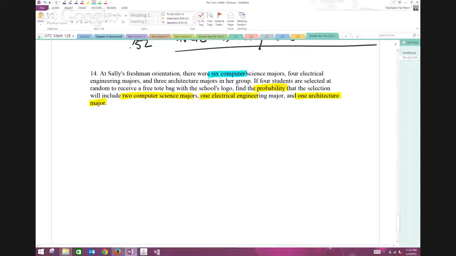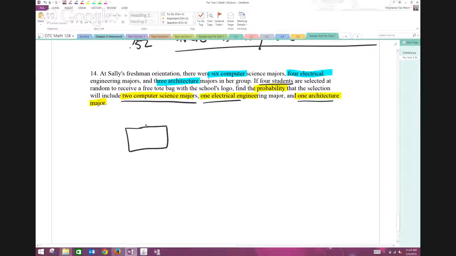We know there's 6 computer science, 4 electrical engineers, and 3 architectural majors in her group. They're picking 4 students: 2 from computer science, 1 from electrical engineering, and 1 from architecture.